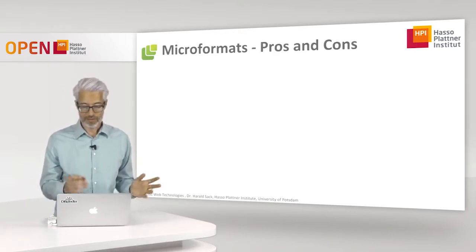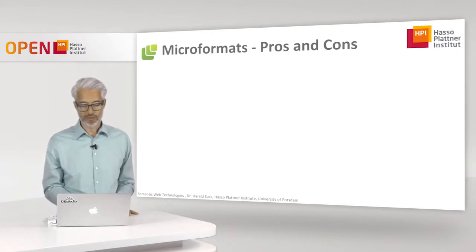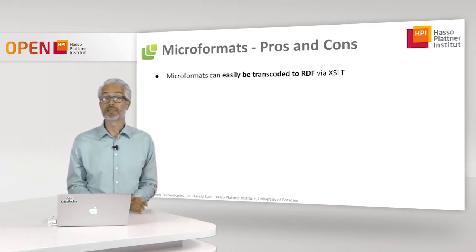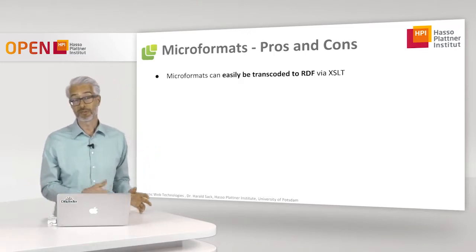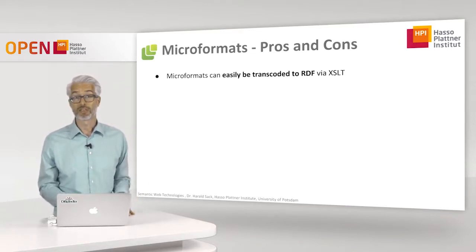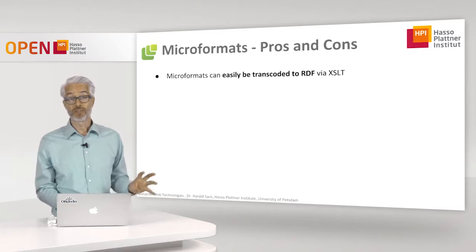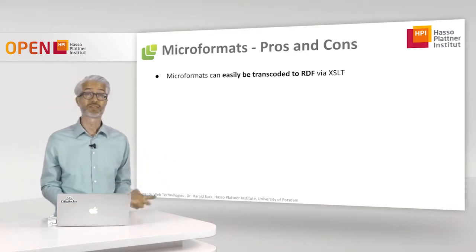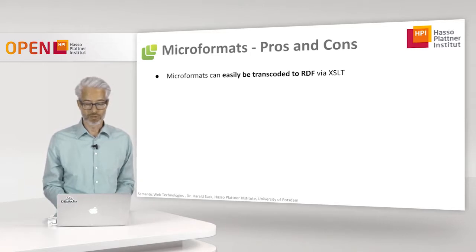And this, of course, has a reason. So there are certain pros and cons for microformats. The first thing is, of course, microformats can easily be transcoded to RDF. You can read it, for example, with an XSL transformation style sheet, and if this is XHTML, you can transform the microformats directly to RDF.